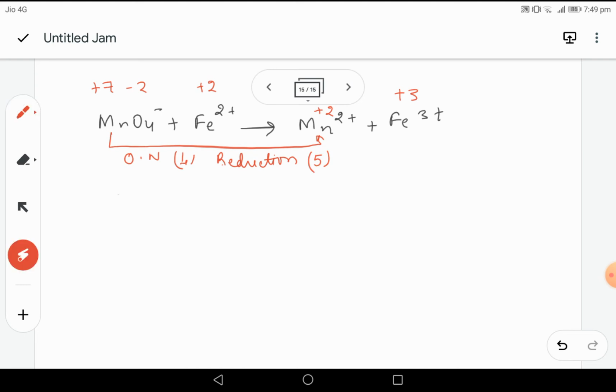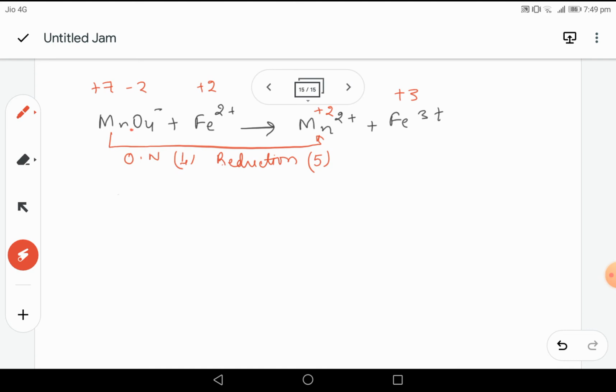Now one thing to pay attention to, and this is very, very important, and we may make a mistake if we do not follow the steps properly: reduction and oxidation is for one atom at a time. Over here, manganese is 1, so 5 is okay. We are writing 5, that the decrease in the oxidation number is by 5.